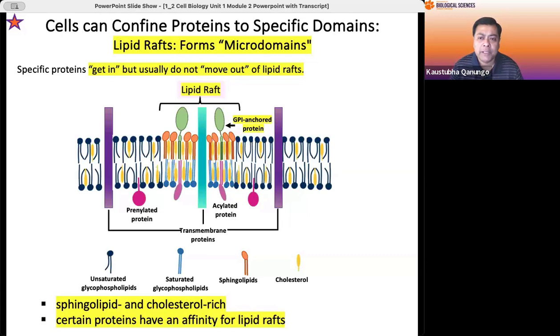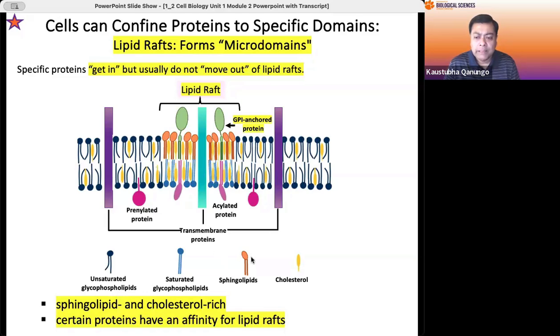So lipid rafts. The lipid rafts are called the microdomains on the surface, on the plasma membrane. These are some of the very specialized areas of the plasma membrane where some specific types of proteins have a high affinity. If you look at the ligands of all of them, you have the unsaturated glycophospholipid, and you have saturated glycophospholipids right here.